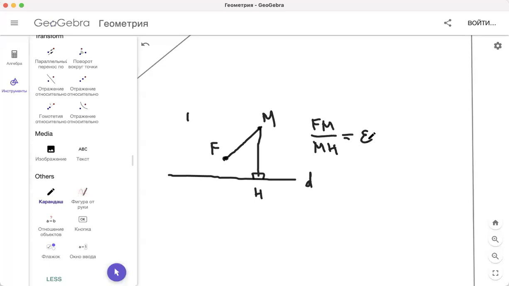For example, if you take epsilon equal to 1, you obtain a parabola. So here you have, for example, an ellipse.